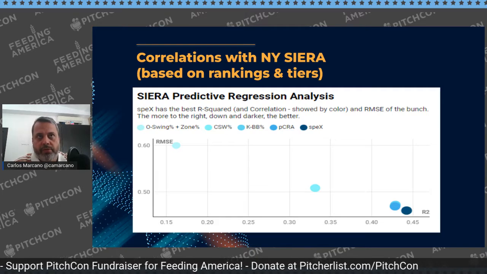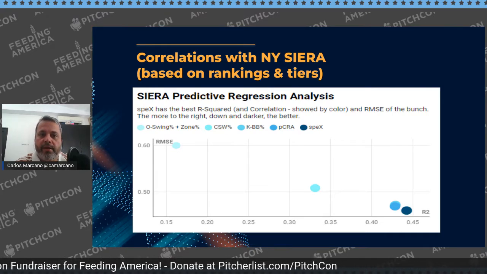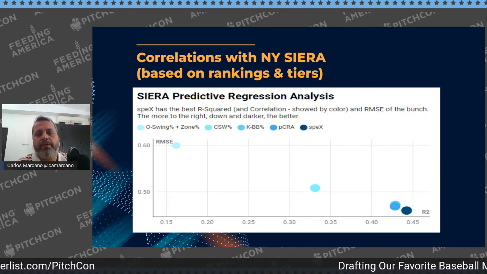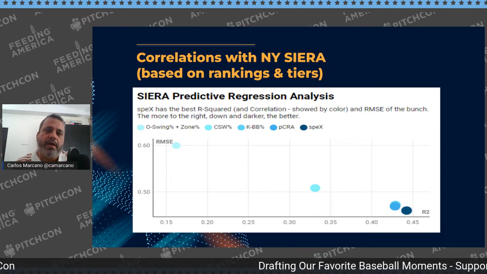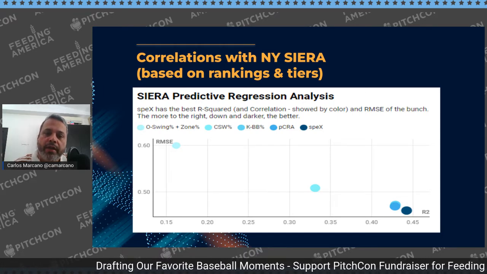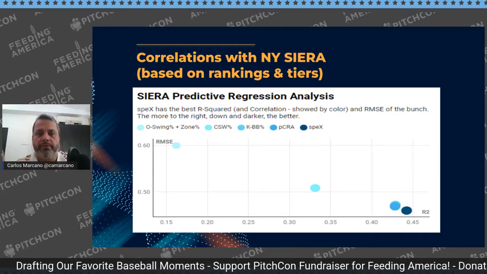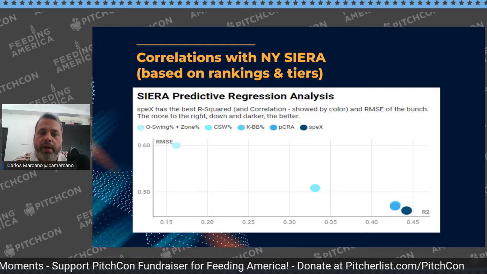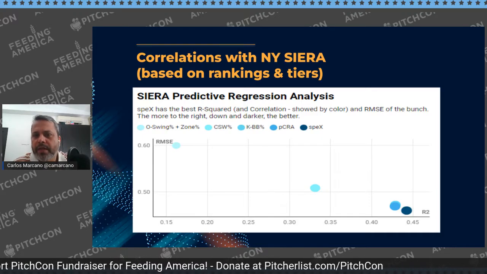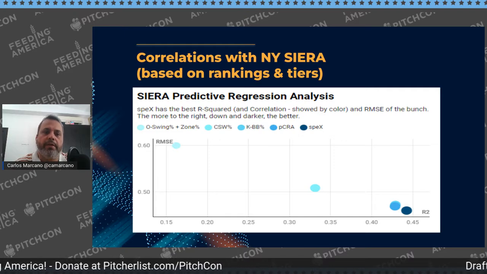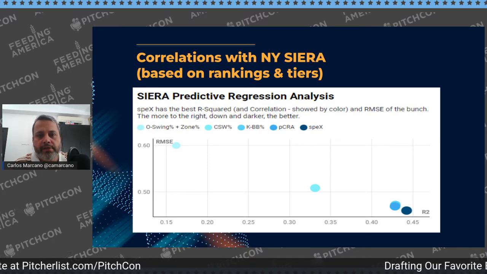Yes, that's true. But the thing is, and I don't know if we can watch it properly in this graph, but this is something that I like to check too. What this means is that we are not only getting a better correlation from SPEC, but we are also getting a smaller error. So that means that it can be a little bit more accurate than the other stats.